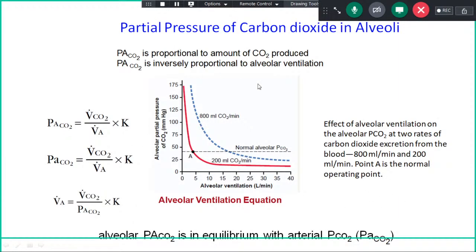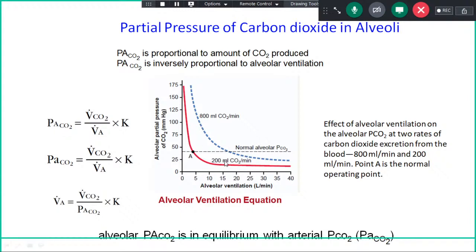Then we have talked about that in the alveoli we have oxygen, which is 104 millimeter of mercury, and PCO2, which is 40. So with each breath, stop reading first, just listen to me. With each breath, when we take in air, the partial pressure of carbon dioxide will decrease because CO2 is coming out with expiration.